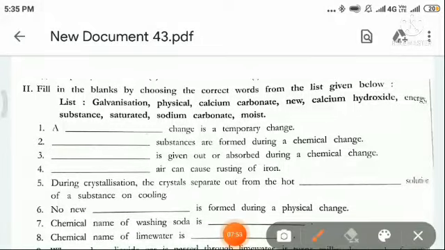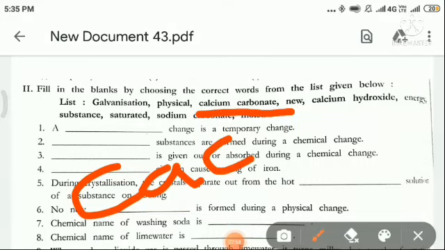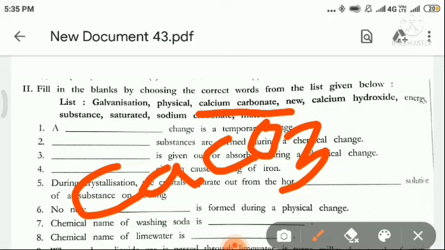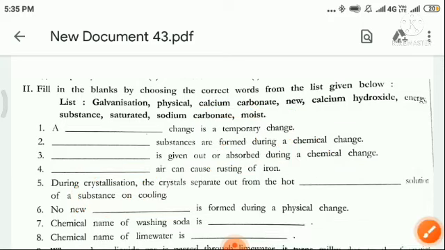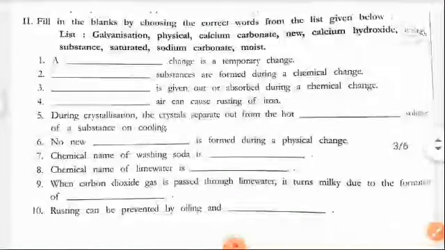The formula of calcium carbonate is CaCO3. So when carbon dioxide gas is passed through the lime water solution, the lime water turns milky because calcium carbonate is formed.